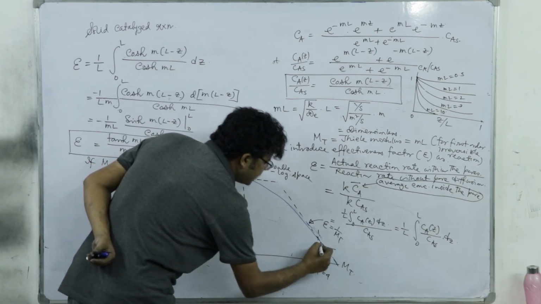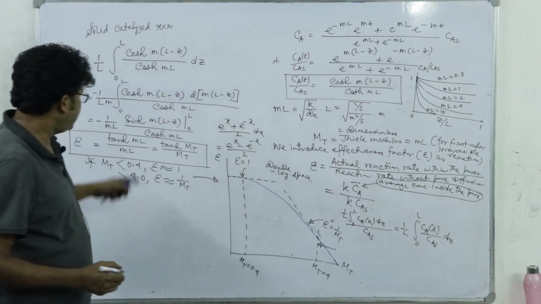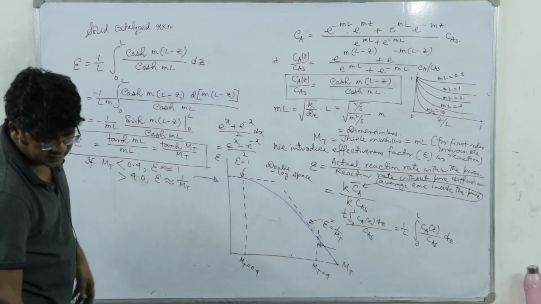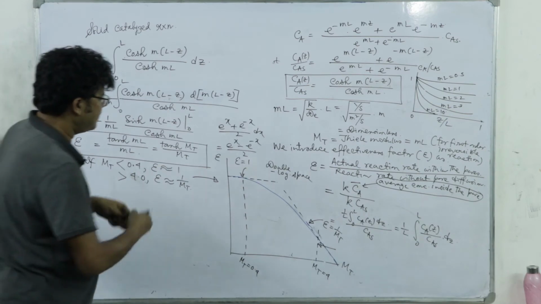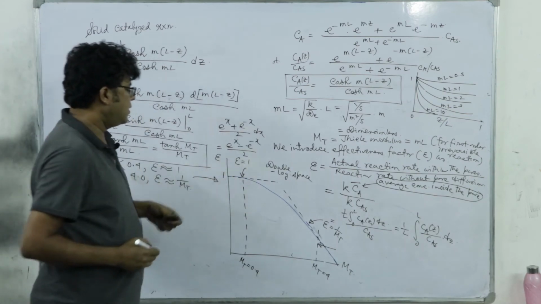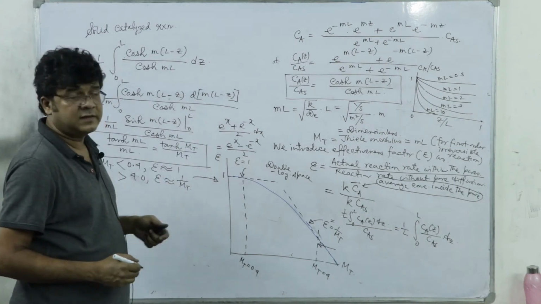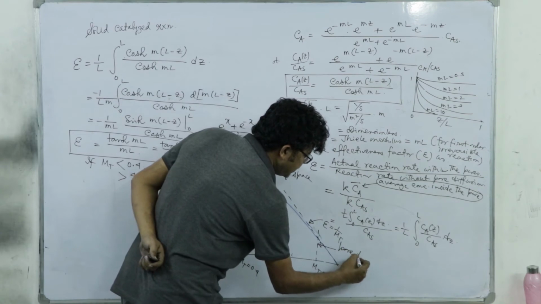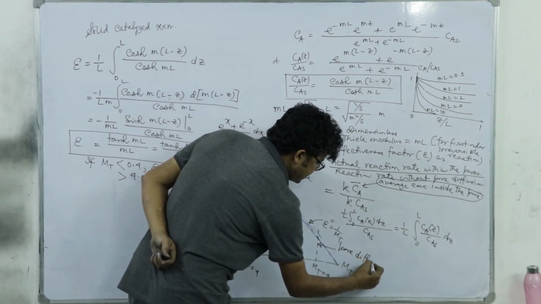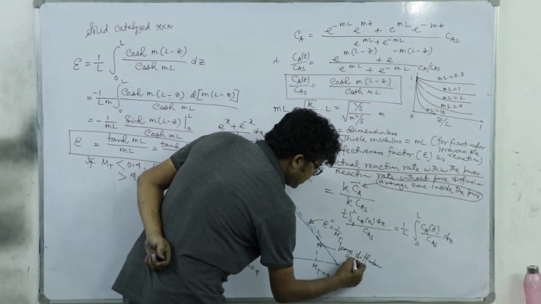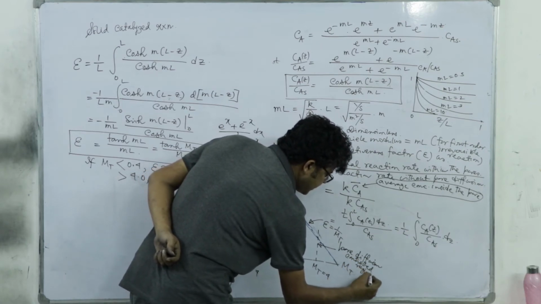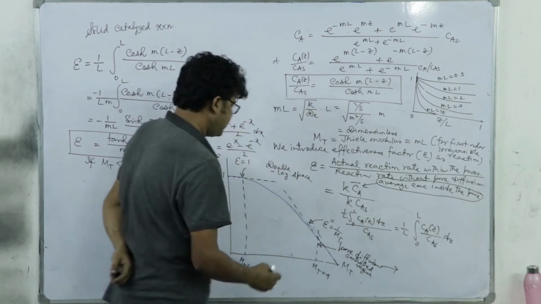So, in this region where epsilon value decreases, right, much below 1, this is value 1, much below 1, then we can say it is a pore diffusion controlled regime. So, this is pore diffusion controlled regime in this direction, right.